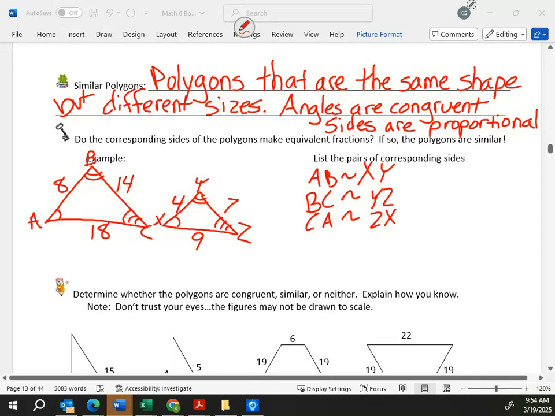So if I did my proportions right, I would have 8 over 4 is equal to 14 over 7, which is equal to 18 over 9. I take one polygon's numbers, I put those as the numerators, the other ones I line up as my denominators, and when I divide them, they equal the same. And that's how we're finding if they are similar.